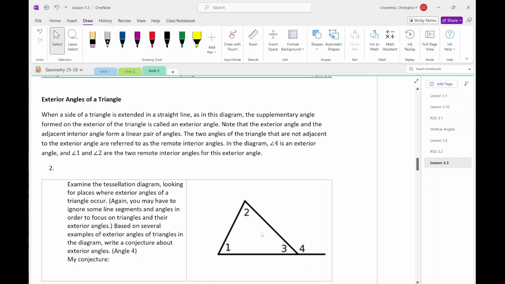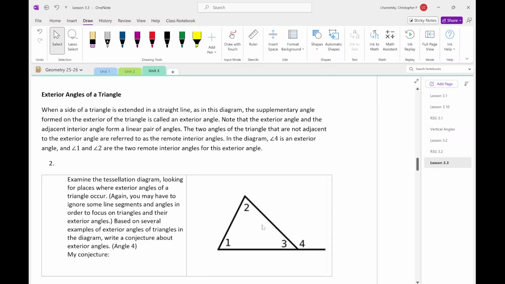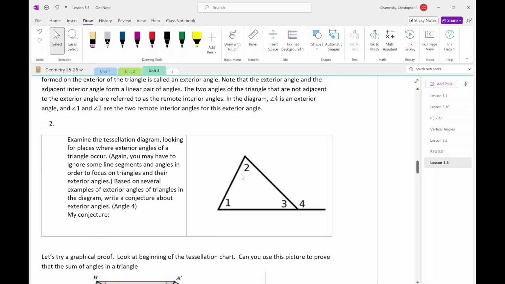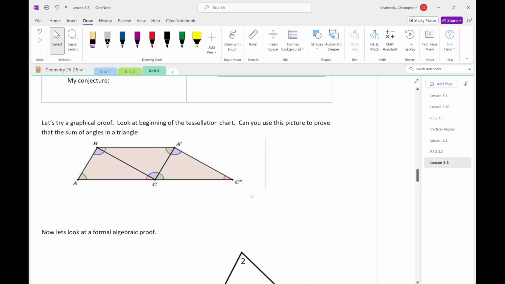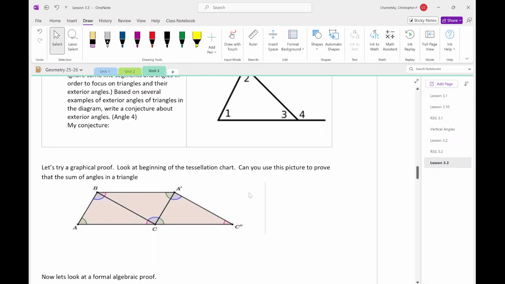And so you could measure this with a protractor and see if you measured angle 1 and angle 2, that should add up to be angle 4. Well, let's try this on a graphical proof here, okay?